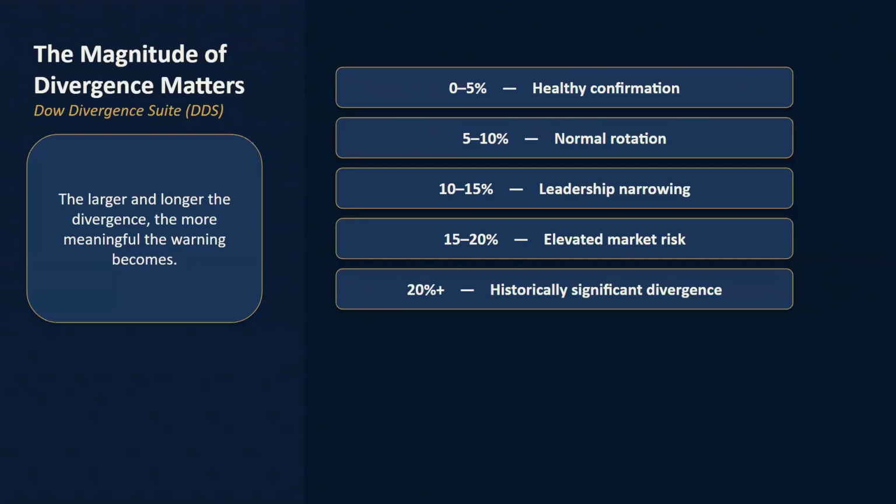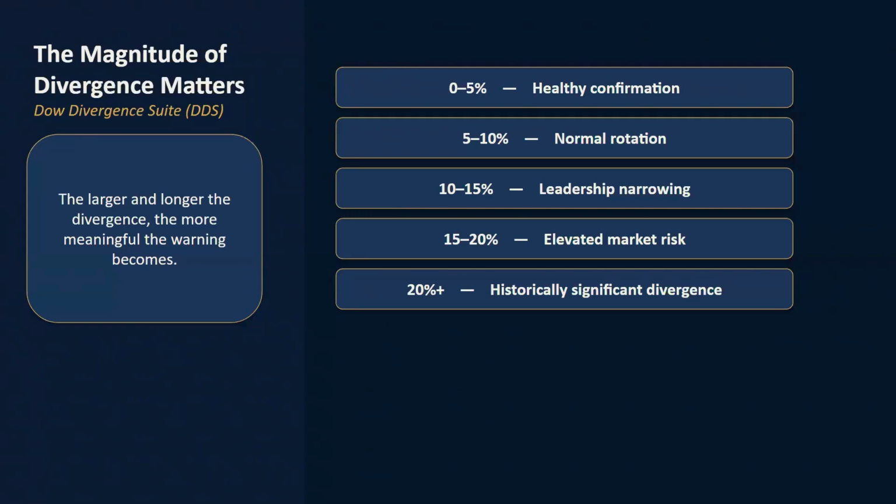But lower than that level, when there's a correction of 15% or less on the Dow, it's kind of like a 50-50 shot. So if you get a 10 to 15% divergence between the two, it's not as significant.